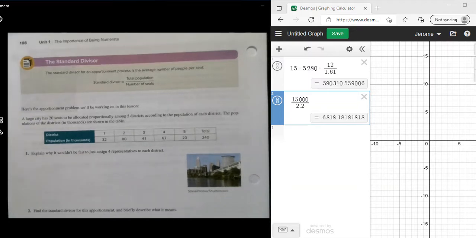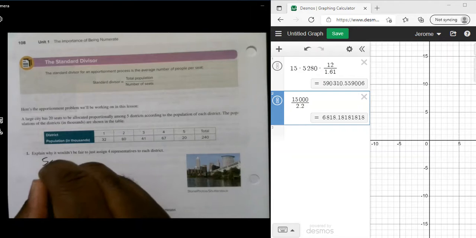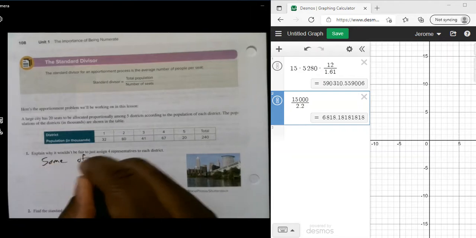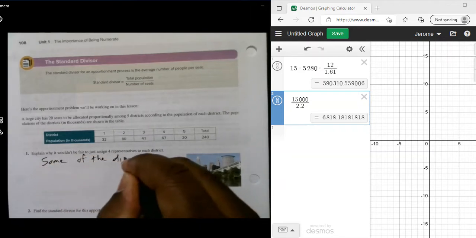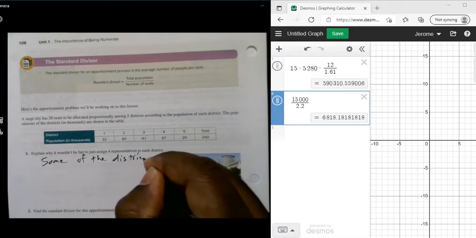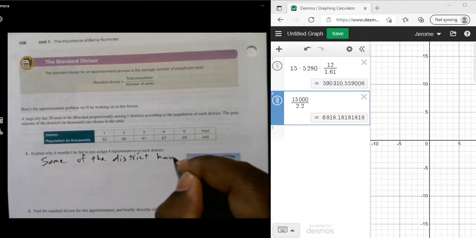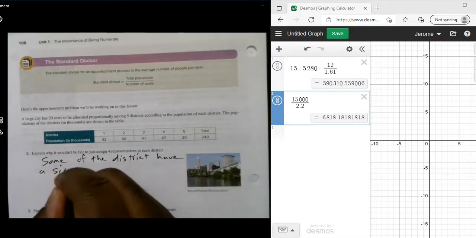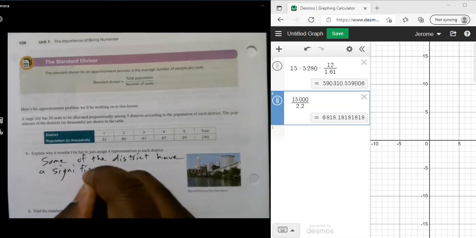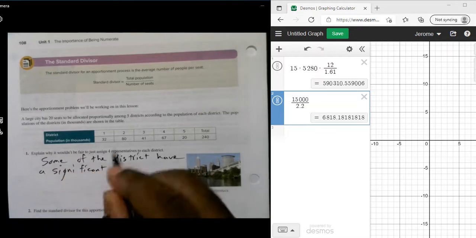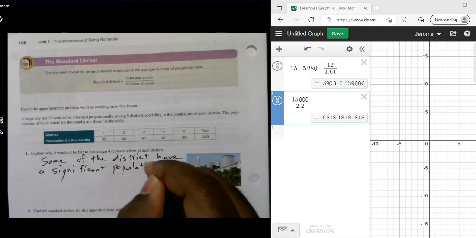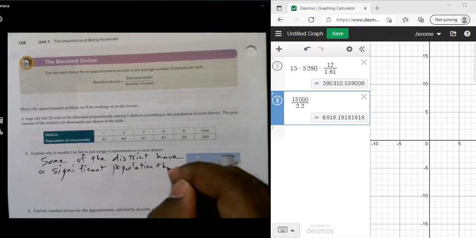Number 1, explain why it wouldn't be fair to just assign 4 representatives to each district. Okay, first of all, some of the districts have a significantly larger population than other districts.